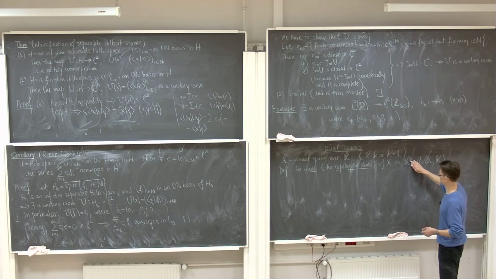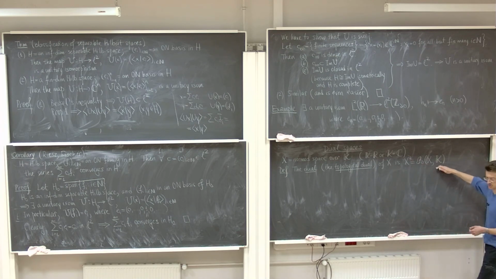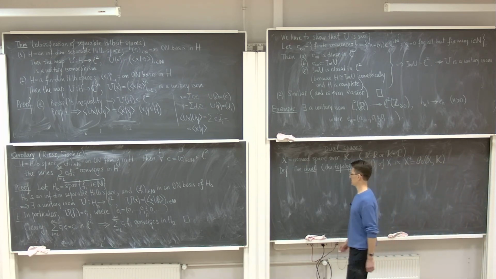But in functional analysis, we usually denote by X star the topological dual, and this is okay. So this doesn't lead to any problem.